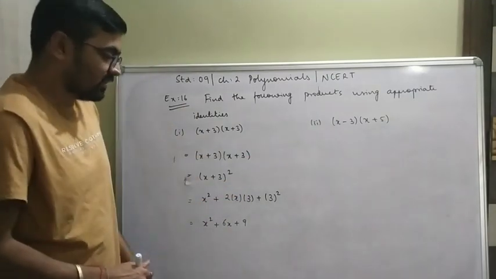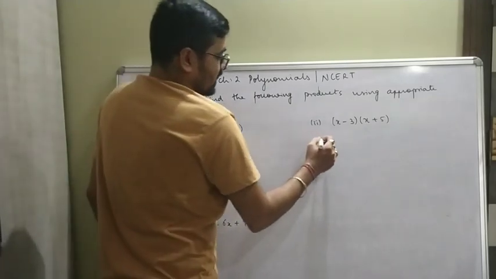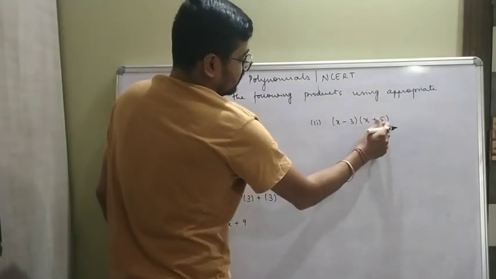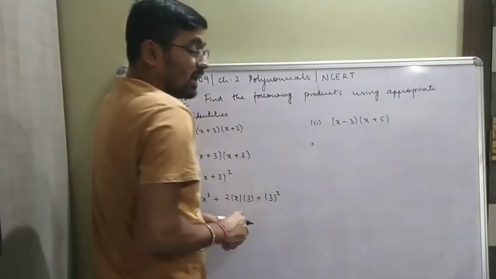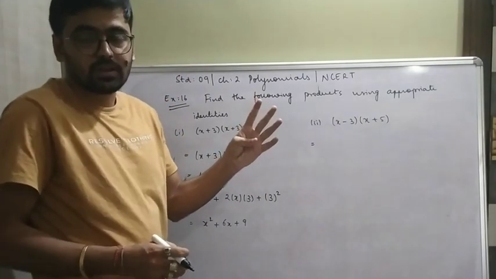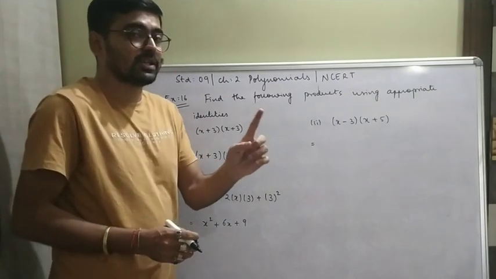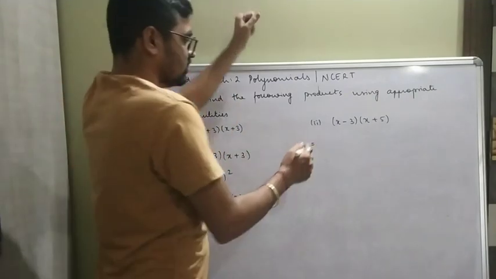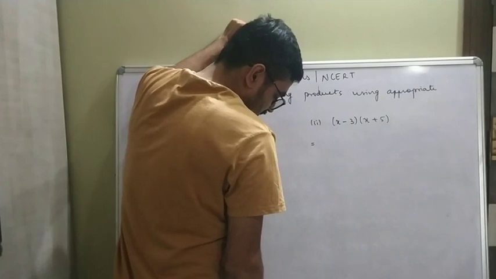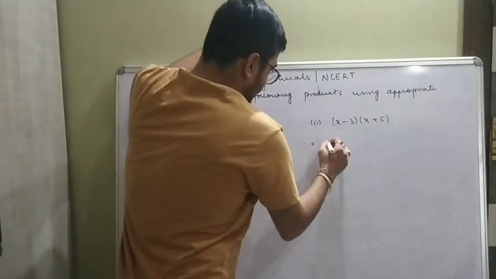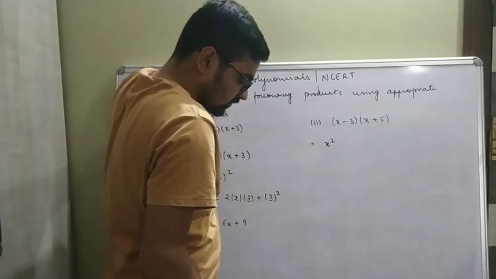Let's have a look at the second one. Now here it is (x minus 3) into (x plus 5). So I can apply the fourth identity. If you remember, (x plus a) into (x plus b), same thing, correct? So how are we going to utilize that? I'm going to write x square, correct?